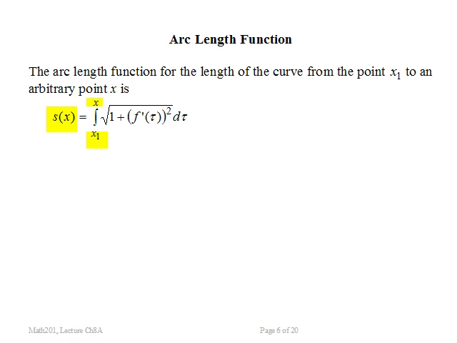S of x is the definite integral from a fixed beginning point, which I'll call x1, to any other point x along the curve. The expression is the same, 1 plus f prime squared, and now I have to use tau as a dummy variable of integration because I have x as one of the limits.